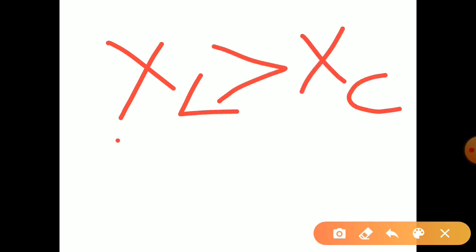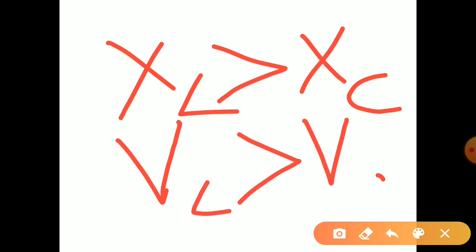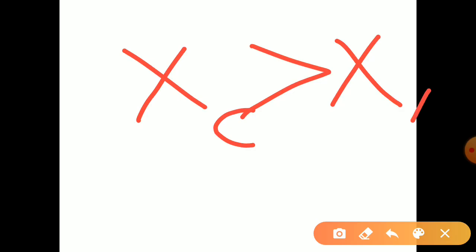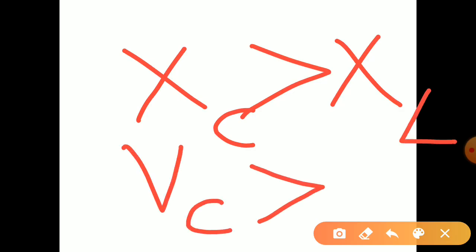If XL is greater than XC, that is VL will be greater than VC in the circuit, and the circuit will be inductive. If XC is greater than XL, that is we will have VC, capacitive voltage, greater than inductive voltage, then the circuit will be capacitive.